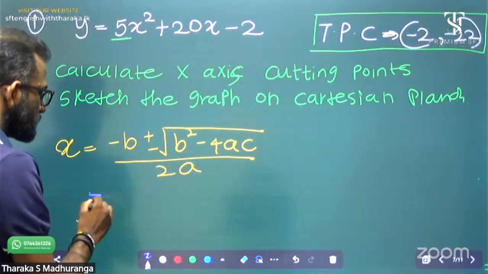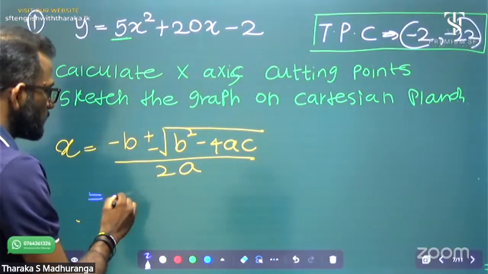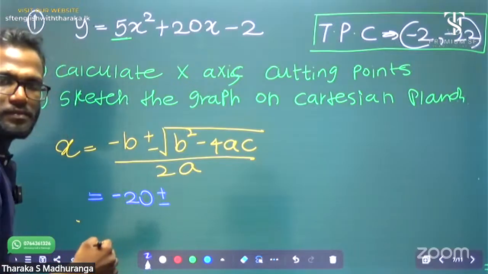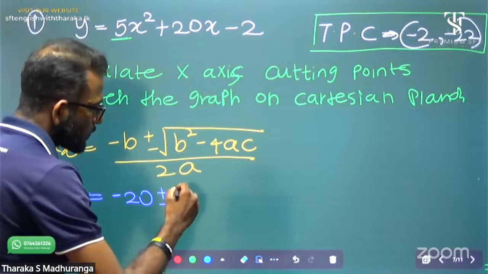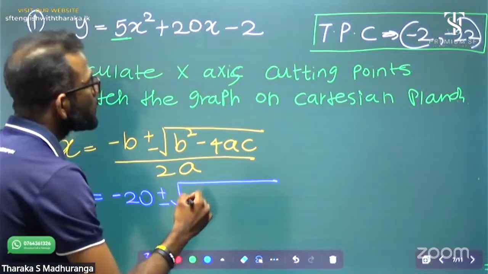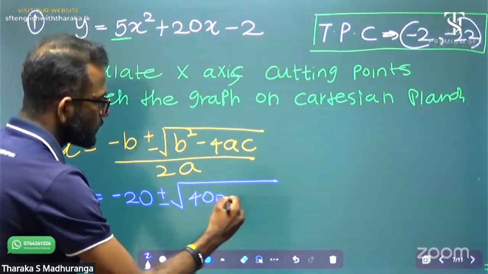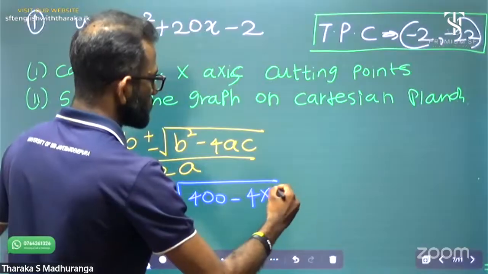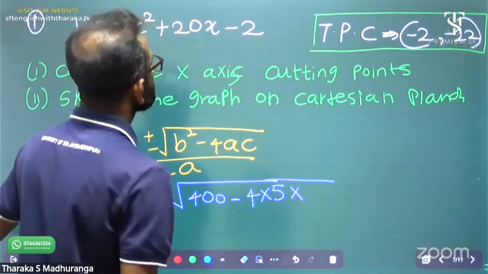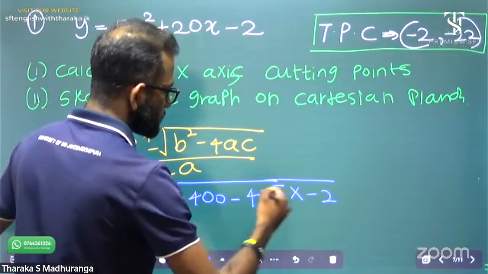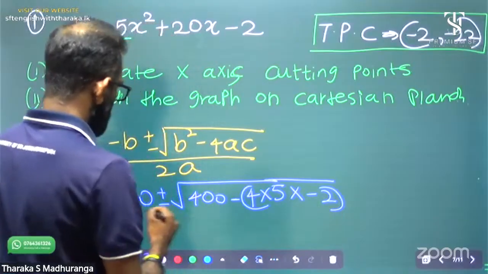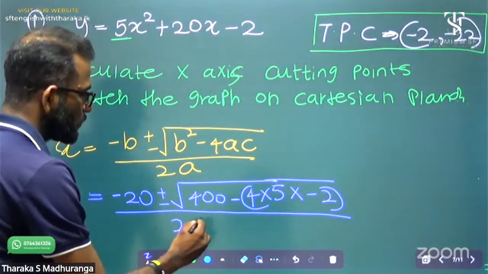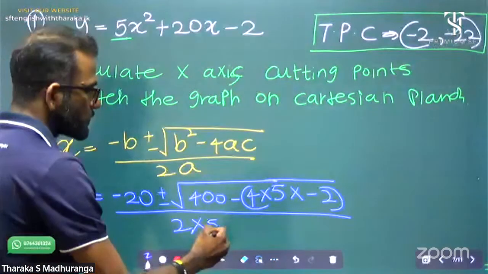Minus b means minus 20, right? Plus or minus the square root of b squared, 400, minus 4ac, 4 into a, 5, c, minus 2, divided by 2a. 2a means 2 into 5.